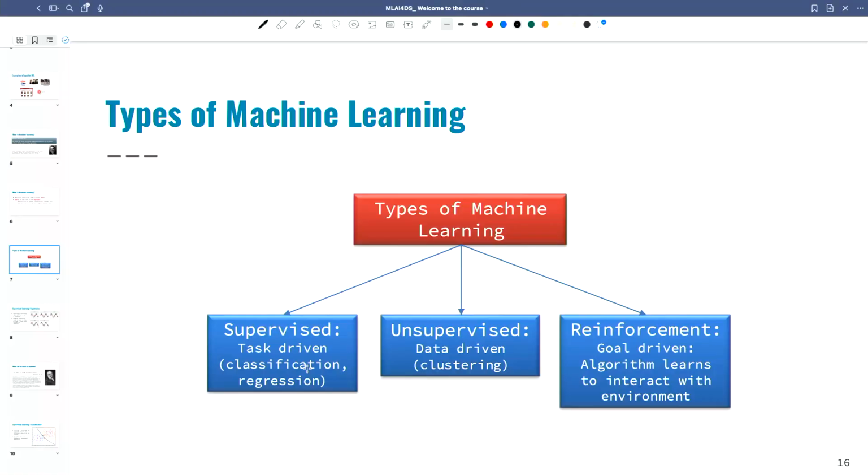Reinforcement learning is goal-driven, and we're not going to cover this, but here we have an agent that interacts with the environment, and we have a time element as it interacts with the environment and gets rewards back. For example, a standing robot. If it properly stands, there will be some reward in the algorithm that tries to train the robot.